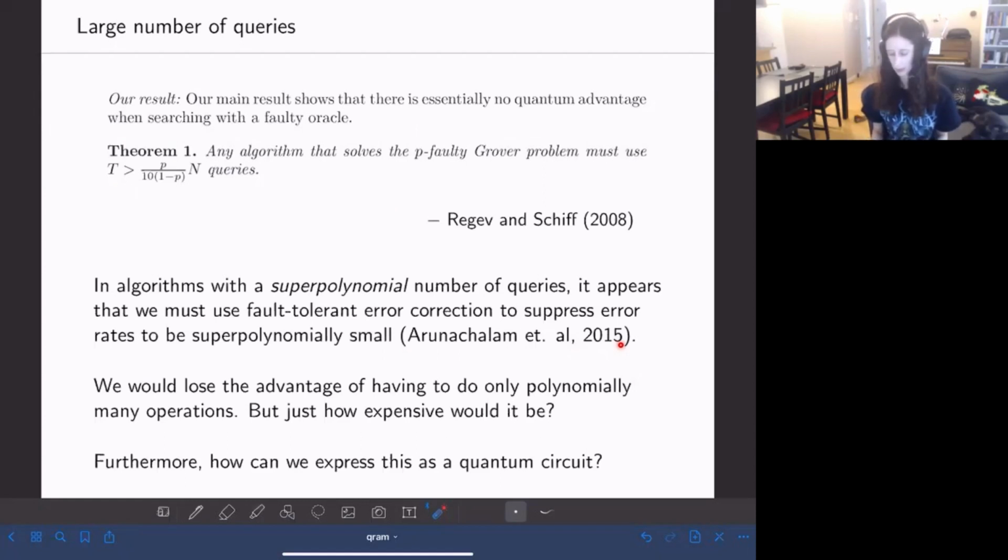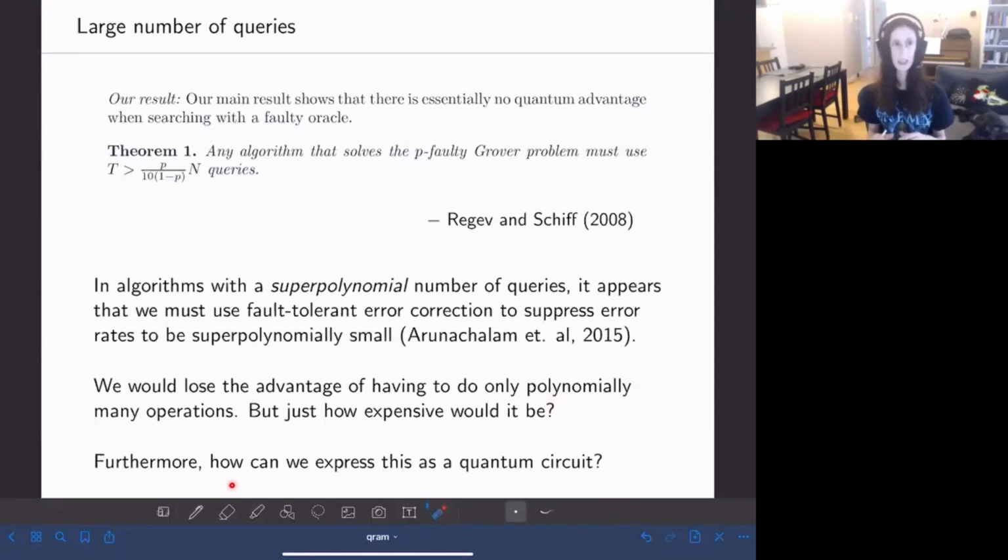But then the question, of course, becomes, well, how expensive would that actually be then to run that qRAM? And another question too is, how do we actually express this as a quantum circuit? So everything I've showed you is in terms of these qutrits and just the qubits being routed through a tree interacting with the qutrits.